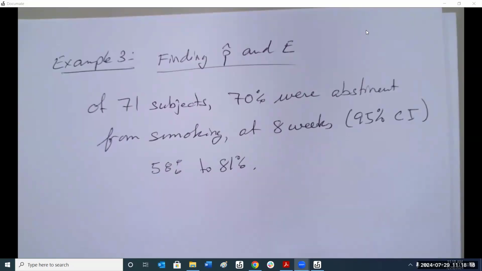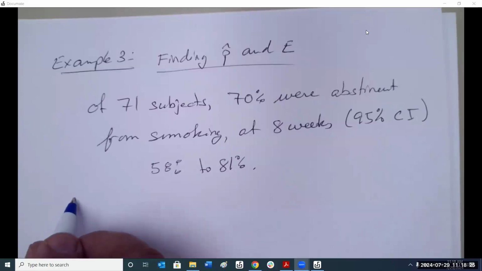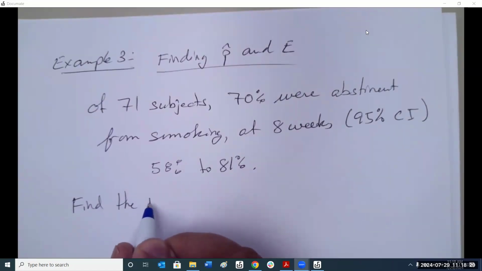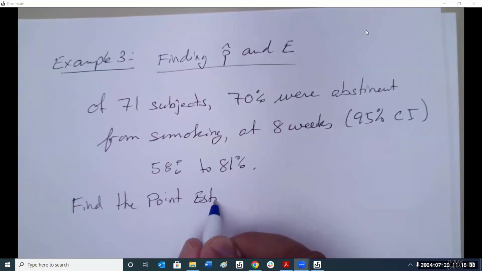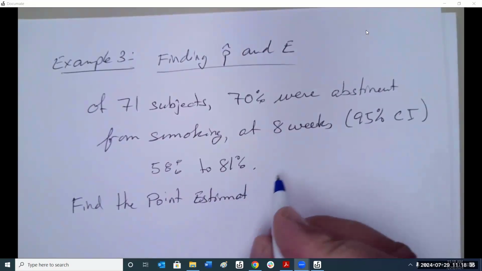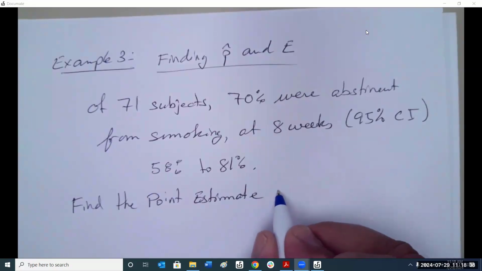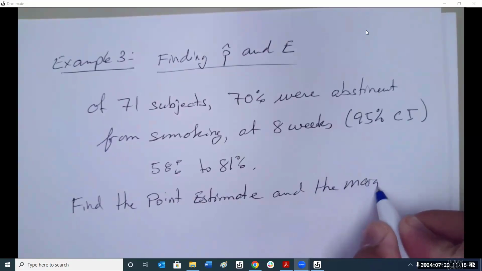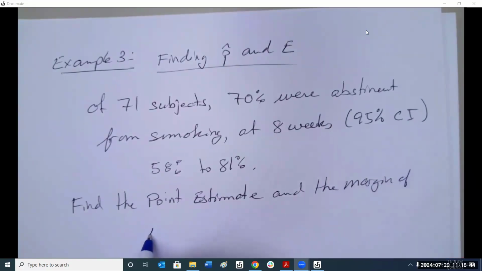This is all we know. Use the statement to find the point estimate and the margin of error.